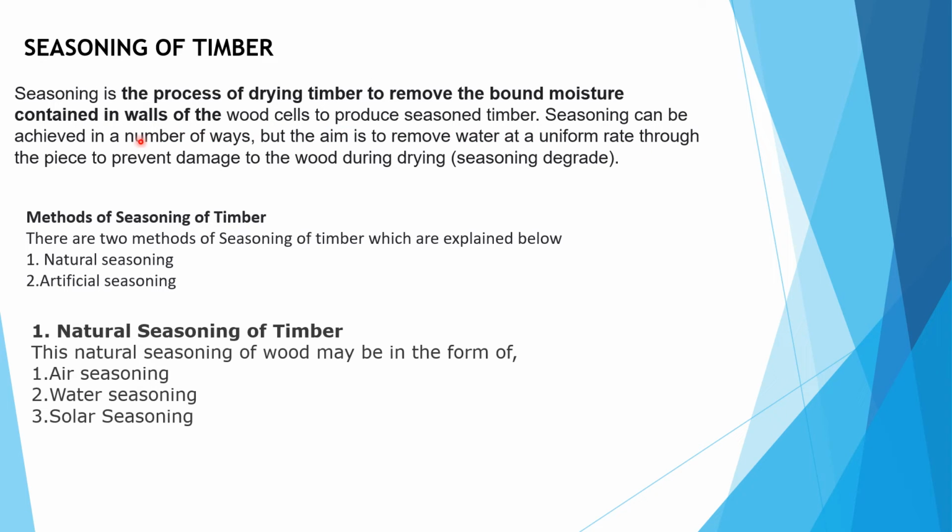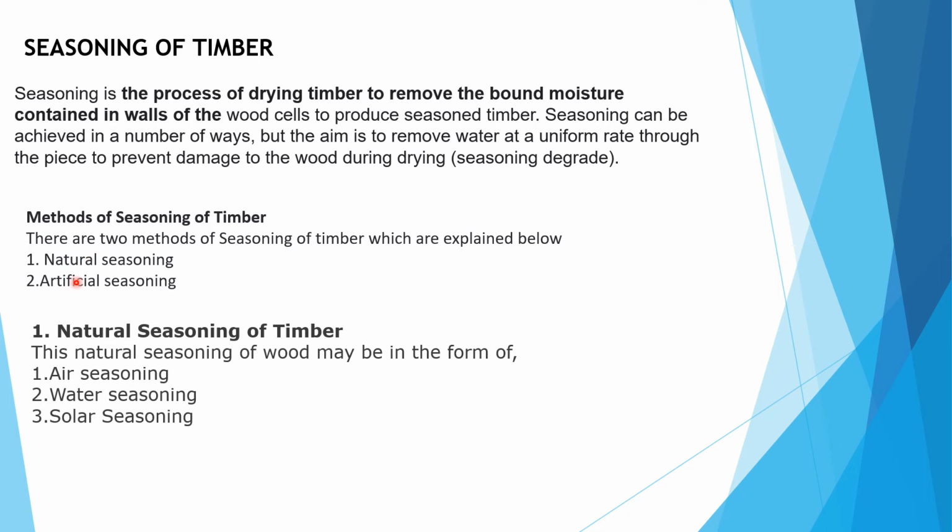Seasoning can be achieved in a number of ways, but the aim is to remove water at a uniform rate through the piece to prevent damage to the wood during drying.